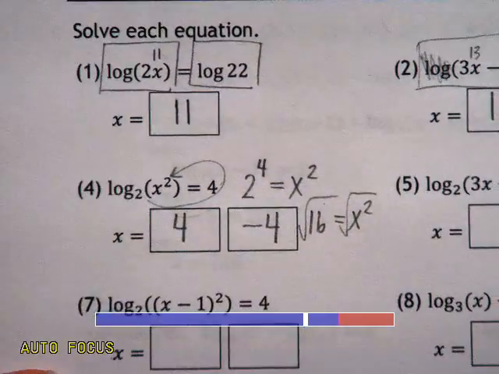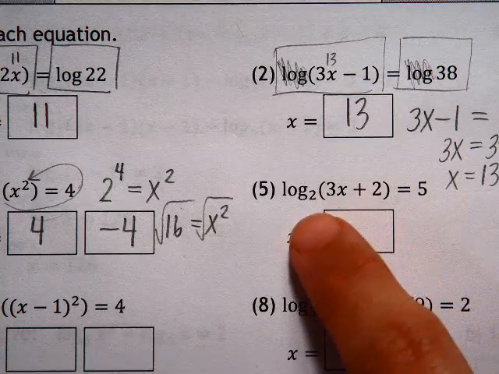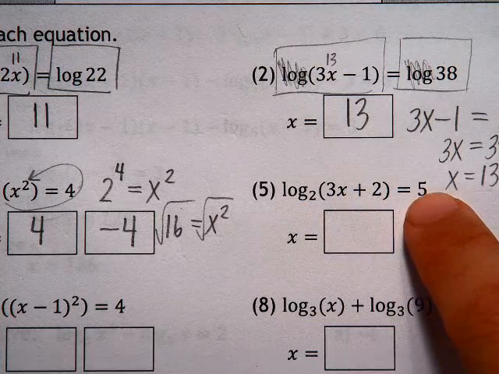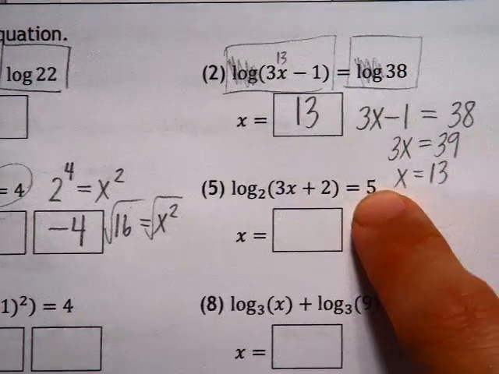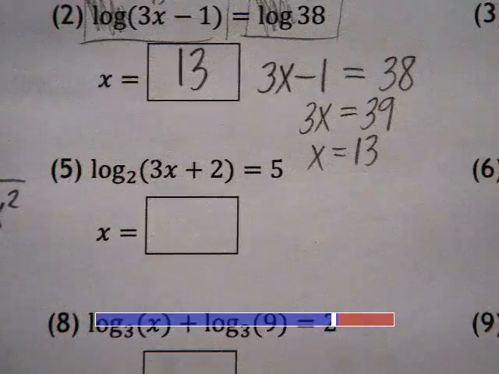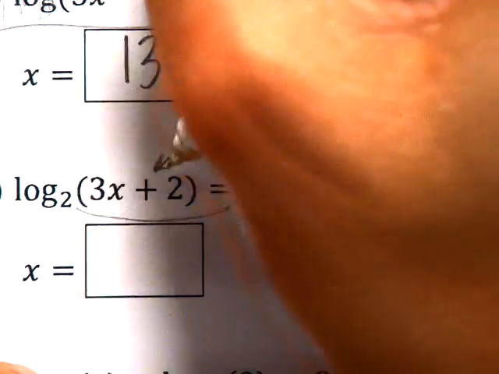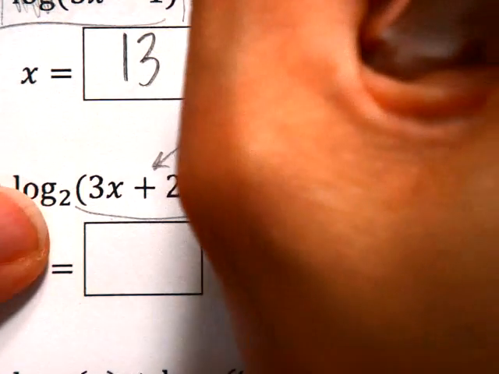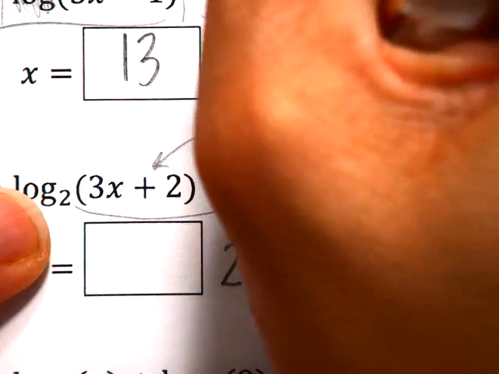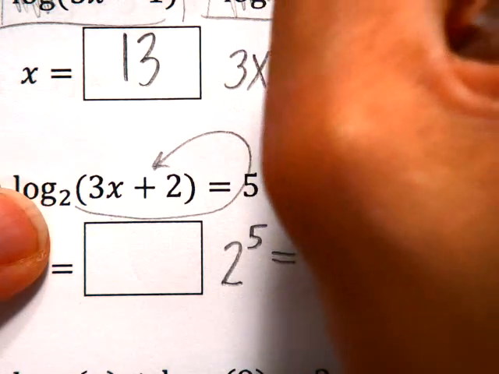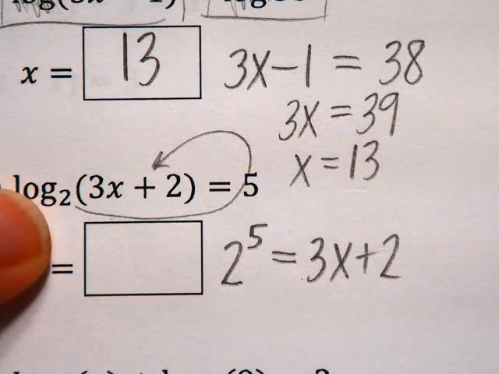Number 5 is another example of such a problem, where you have a log on one side and a number on the other side. So you could just rewrite it exponentially to see what happens. If we rewrite it exponentially, same pattern, base of 2 to the power of 5 would equal 3x plus 2, whatever that is.